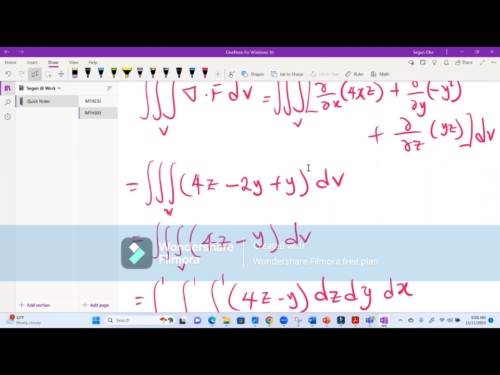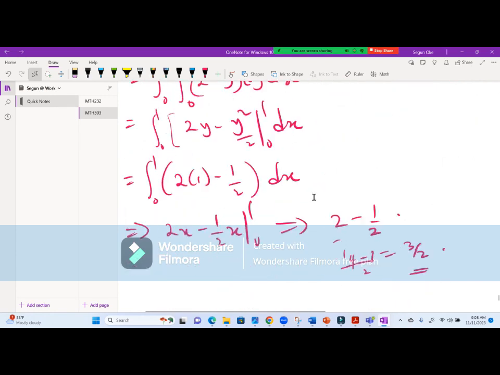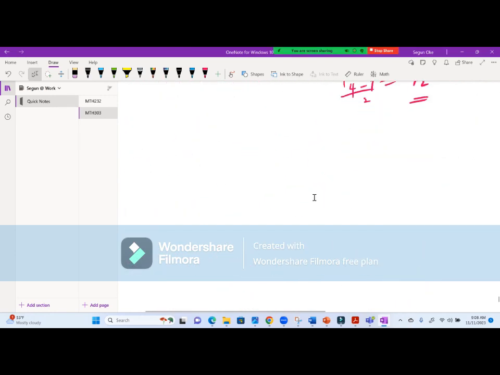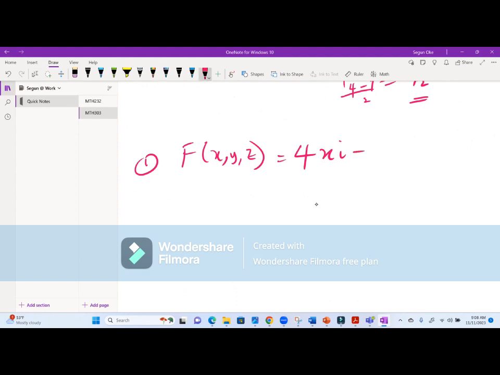So let's go back to the first example. I was trying to explain something. Question 1 is f of x, y, z to be 4xi minus 2y squared j plus z squared k.